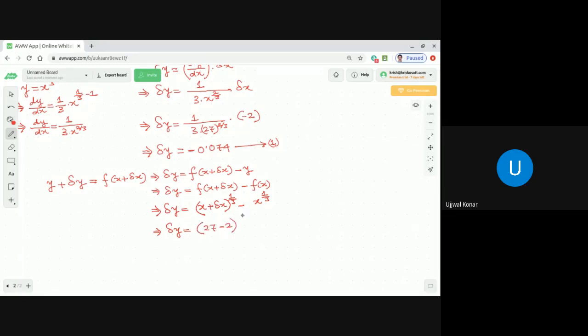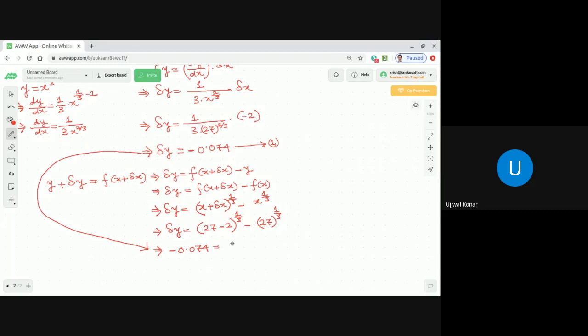So 27 minus 2 power 1 by 3 minus, what is x? x is 27 power 1 by 3. So from here what we get? What is the value of delta y? From this equation 1, we get the value of delta y is equal to minus 0.074.